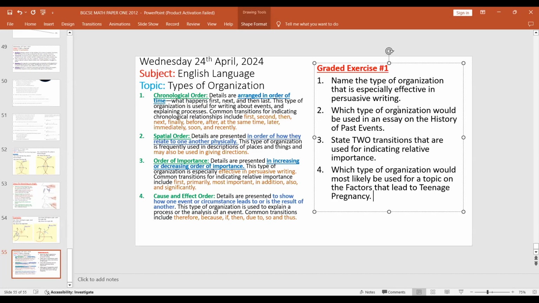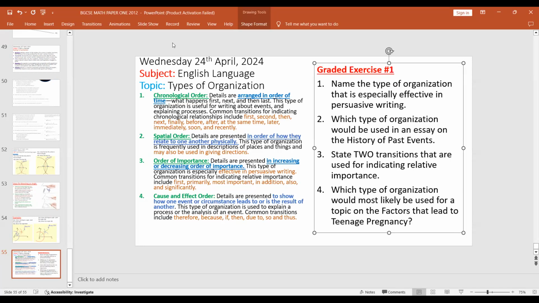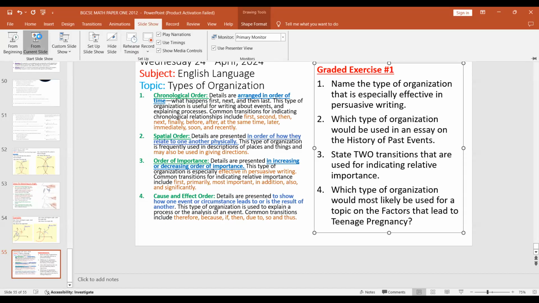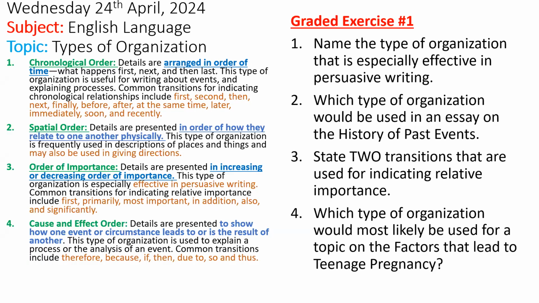All right, just those 4 questions. The first question says, name the type of organization that is especially effective in persuasive writing. Number 2, which type of organization would be used in an essay on the history of past events?